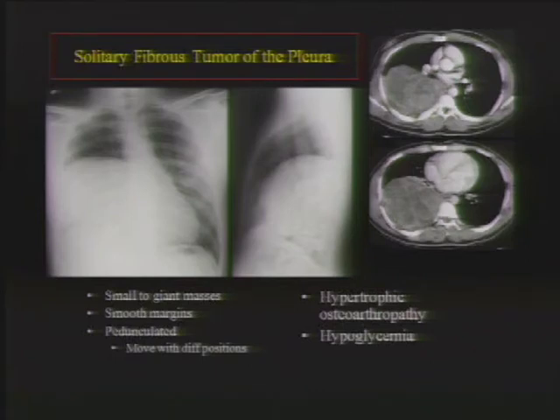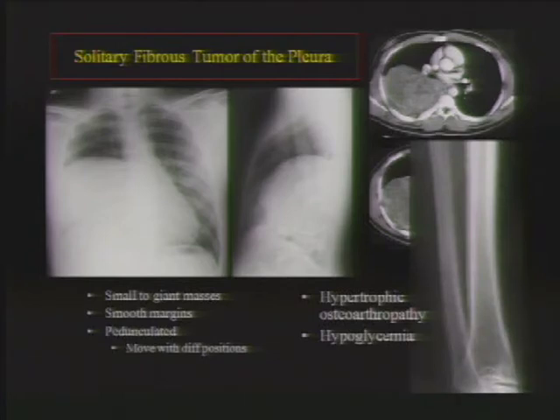Remember that there are two metabolic syndromes associated with this, hypoglycemia and hypertrophic osteoarthropathy, and this patient actually had hypertrophic osteoarthropathy. Say that fast 3 times. And you can all see the diffuse periostitis of the forearm here. Actually, I guess it's the leg. Take that back.